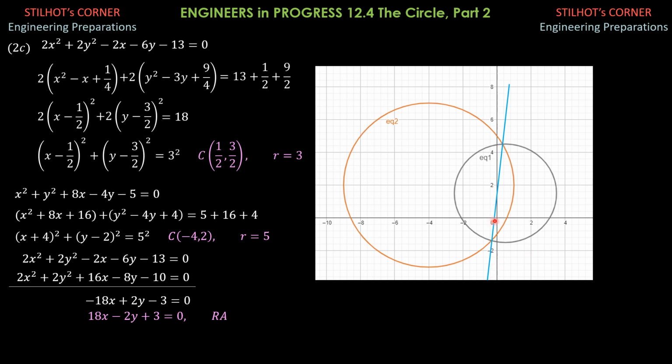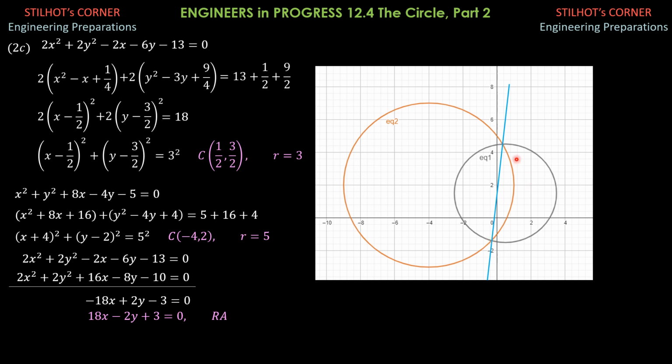When y is 0, x is negative 3/18, so negative 1/6. Then when x is 0, y is positive 3 halves, or 1.5, which is somewhere here. So joining these 2 points and extending, it should also pass through the 2 points of intersection, because that's the definition of the radical axis.